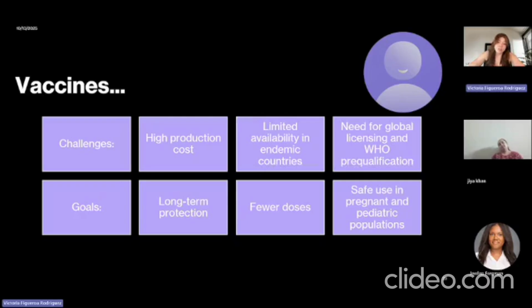So the goals are to have long-term protection and fewer doses. We saw that the two that are licensed right now are single dose, so it seems we are going down a good path towards that, and safe use in pregnant and pediatric populations, since they are some of the high-risk special populations. We always want to find a way to target those populations first.